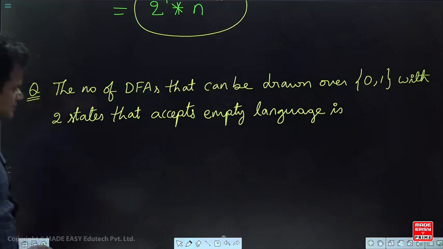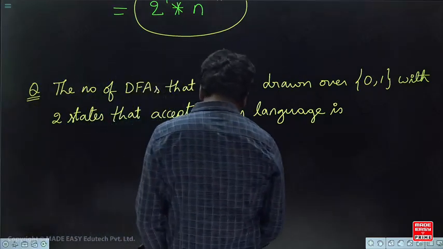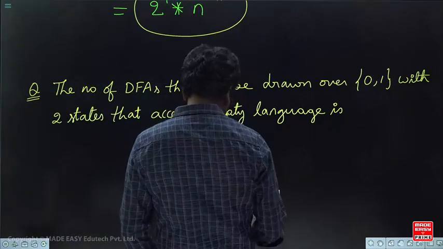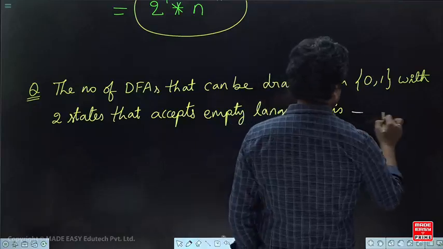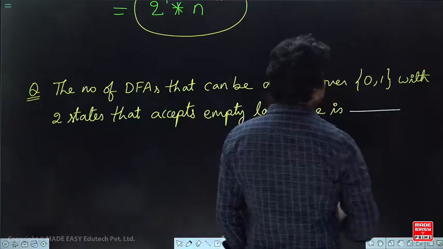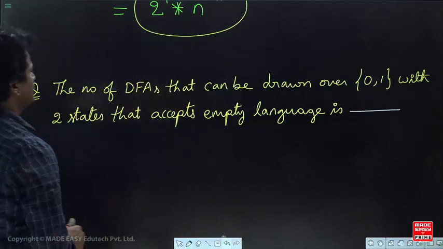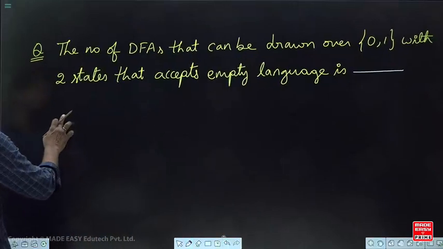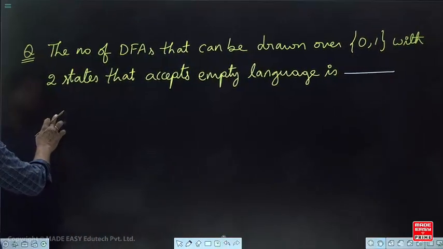Empty language, what does that mean? Which does not accept anything. How many different DFAs will be there that accept the empty language with two states and two inputs? That is the question. Okay, copy.